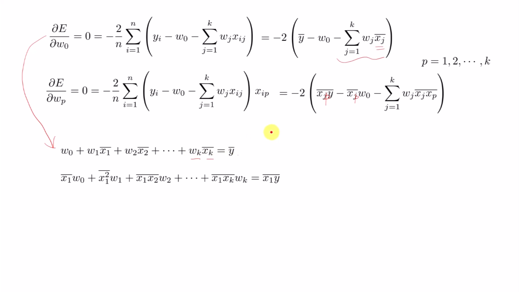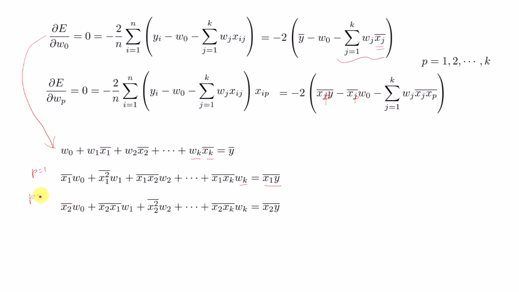That is the first equation. In the second equation, x1 will come. This is p equals 1. So I have x1 bar into w0, x1 square bar w1, x1 x2 bar w2, up to x1 xk bar wk equals x1 y bar.